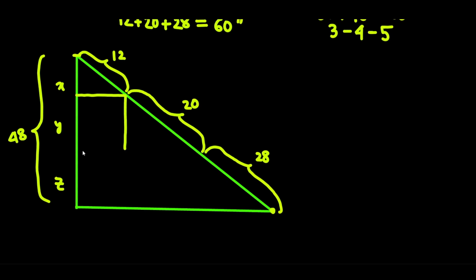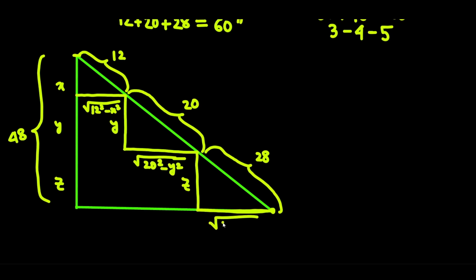Then let's say this part is y. So this is the part. Let's say this part is z. So this is the part of like base. Okay. What I mean to say is this is 12 square minus x square. This is 20 square minus y square.